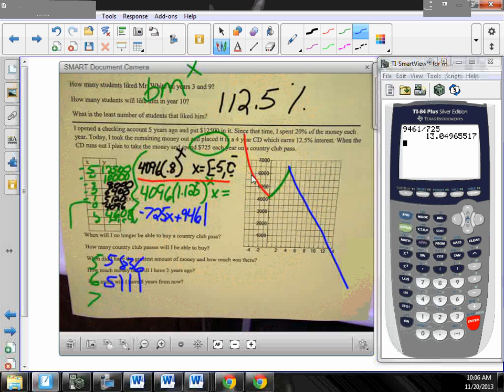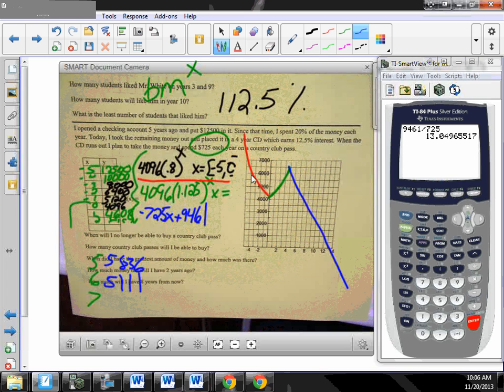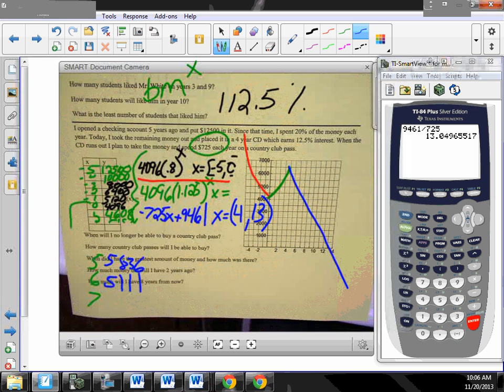No. But can I use last year's pass all the way up till 13? Yes. So what is the domain on the linear function? It starts at 4, and it ends at 13, and I don't include 13 because I cannot buy a pass for 13. I don't have enough money.